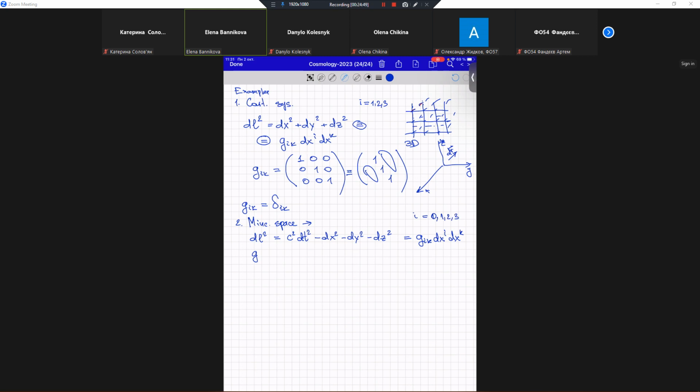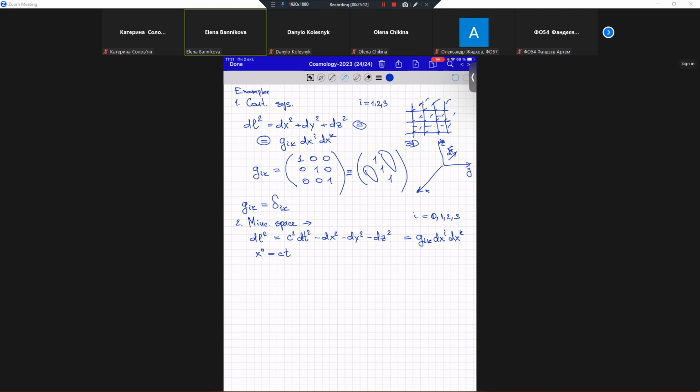The coordinate x0 is not even t, it is c multiplied by t, where c is the speed of light.